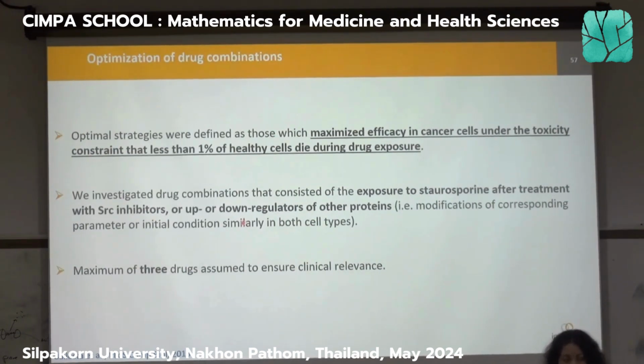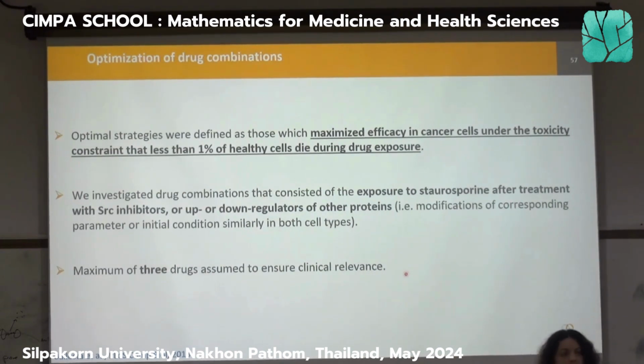So we have two possibilities here. The way we do that is simply by modifying the corresponding initial conditions or parameters. For STAR it will be the BSAR parameter, but for the rest it's going to be the BAX or big dot, and these quantities will be modified from T equals 0. To make sure that the drug combination that is identified is actually clinically relevant, we have set a maximum number of drugs to 3, because it sounds a bit unrealistic to administer more than 3 drugs to the patients.